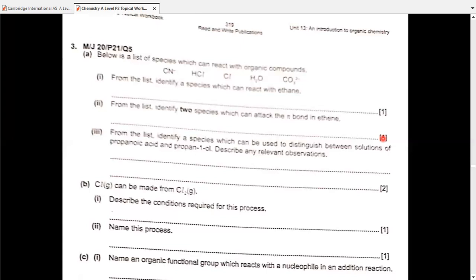Now, my question is, why not Cl? Why not CO3 2-? Why not CN-? Your answer is correct, first. Secondly, why are you eradicating the three options that you consider false? If you consider them false, there should be a reason behind it. What's your reason?